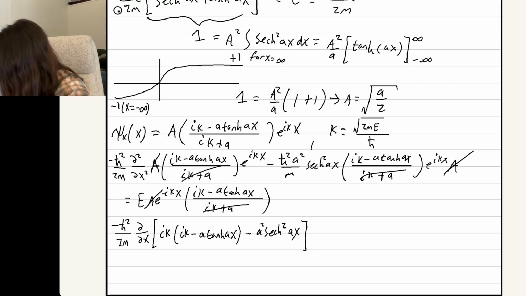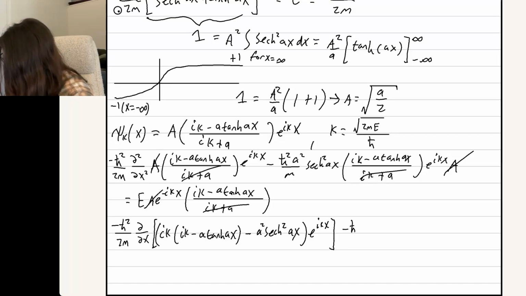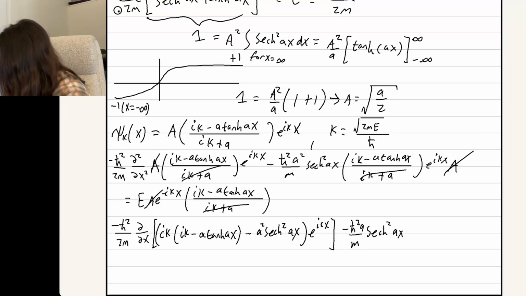All of that is multiplied by the e to the ikx. So let me put in big parentheses e to the ikx. And then the potential term looks a little bit simpler. It's just a times (ik minus a tanh ax). We still have the exponential term, but that's going to go away eventually.